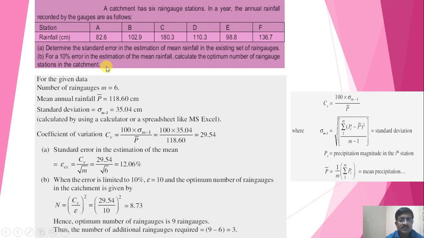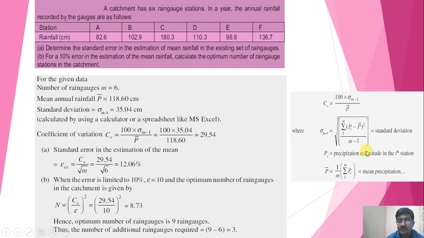stations in the catchment. Now remember this formulation we are going to use for the CV, the formula that we have seen, where CV is the coefficient of variation: CV = 100 × σ(m−1) / p̄. Here σ(m−1) is the standard deviation, which we have seen: the square root of the sum of (pi − p̄) squared divided by (m − 1).